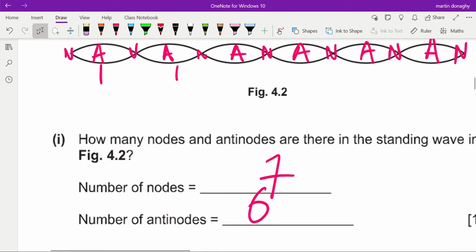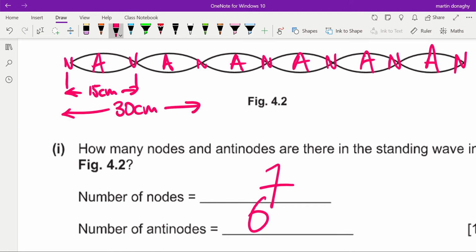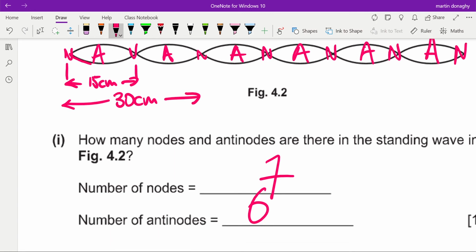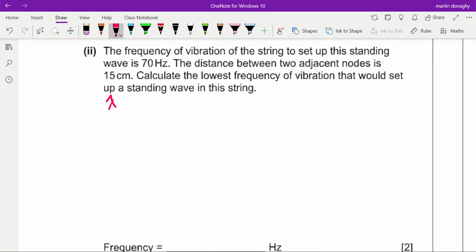Two adjacent nodes, so let's go from here to here, which is 15 centimeters. Now that's half a wavelength, so a full wavelength is going to be 30 centimeters, because that is a full wave. So we put in lambda equals 30 centimeters for the wave that's shown in the diagram.